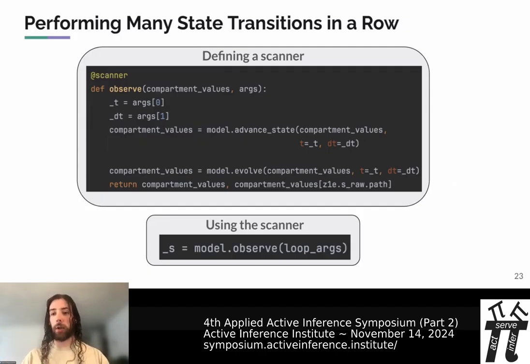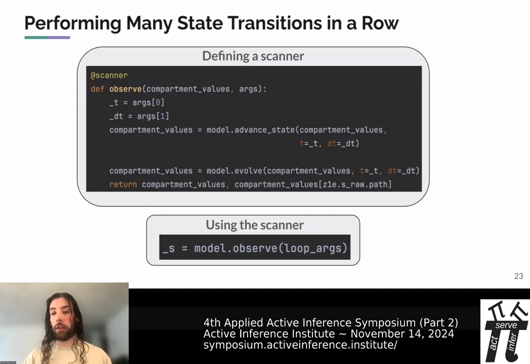Because of that, we don't want to just do a state transition from T0 to T1, get T1, plug it back in over here to get T2. What I want to do is plug in T0 here and then do T1, T2, until I get to T200. And so for that, we have scanners.